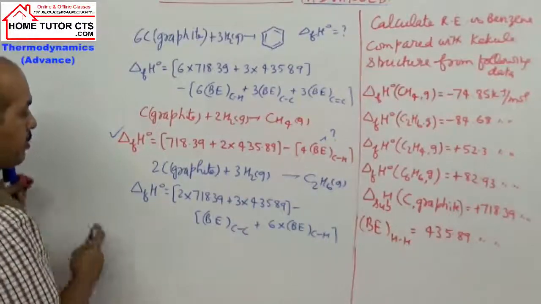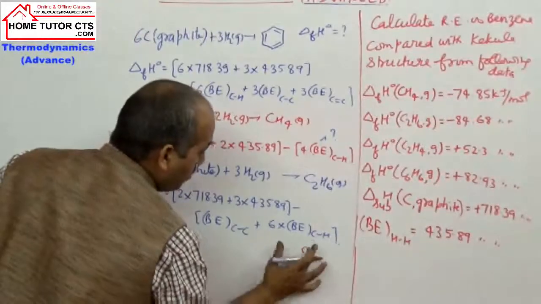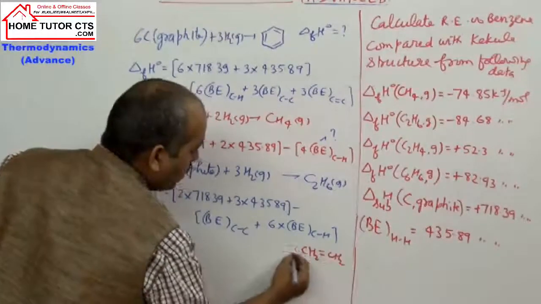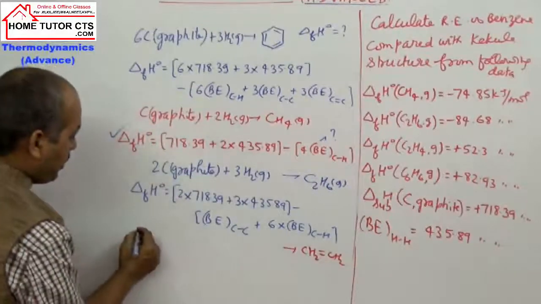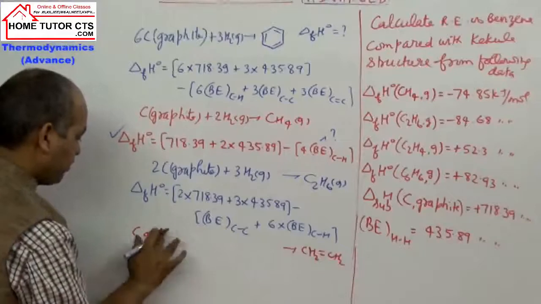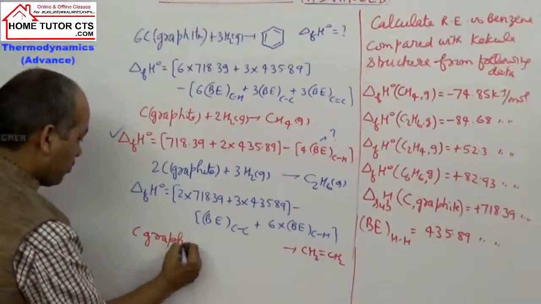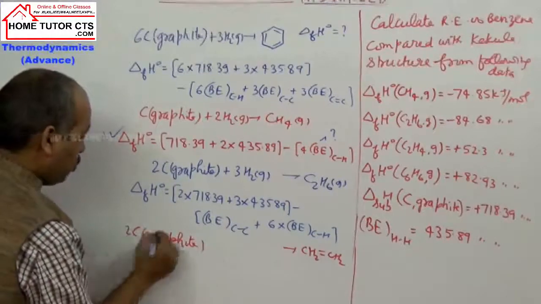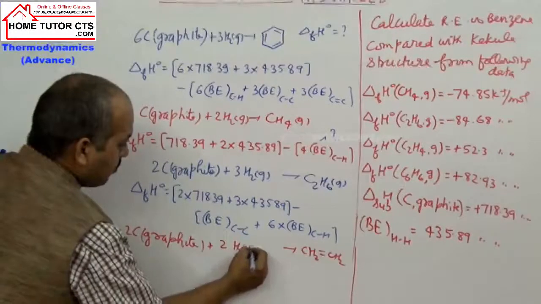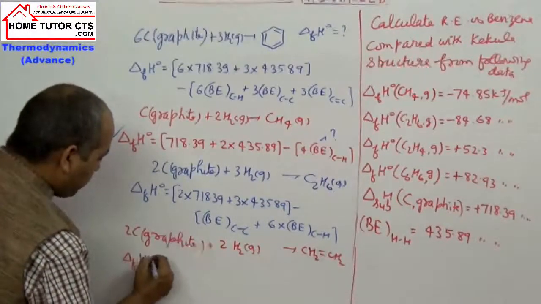Now we take the third expression, formation of C2H4 gas. C2H4 means it has CH2 double bond CH2. In this formation we take 2 moles of carbon graphite plus 2 moles of hydrogen gas. So what is the heat of formation in this case?